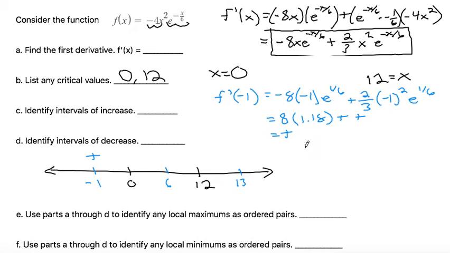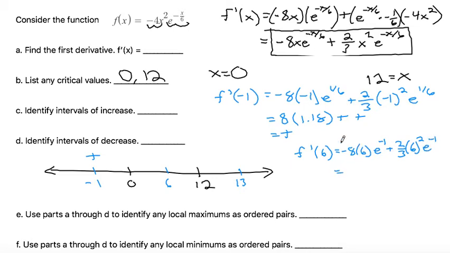So now let's try to find f prime of 6. Plugging that in, we get -8 times 6, e to the power of -6/6, which would be -1, plus 2/3 times 6 squared, e to the -1 again.